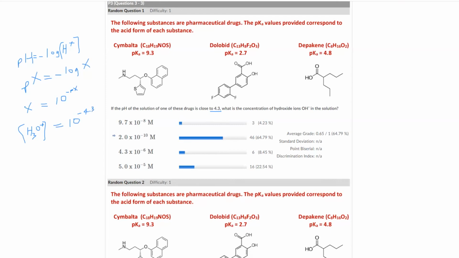And we know H3O plus concentration times OH minus concentration is equal to Kw, which is equal to 10 to the power of minus 14 at 25 degrees Celsius.